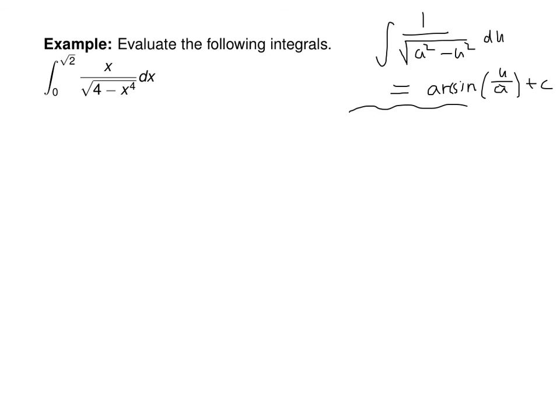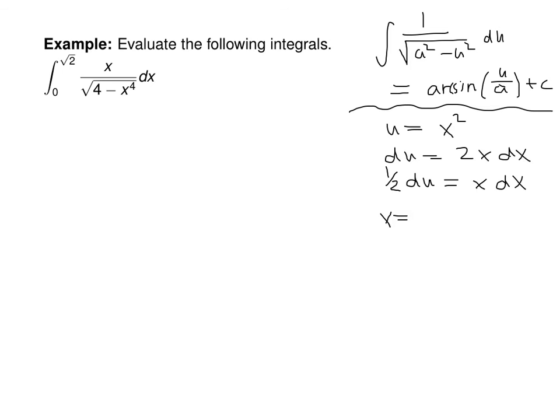So in this case, if we let u equal just x squared, du is equal to 2x dx. So 1/2 du equals x dx. So we replace the x dx in the numerator. And we change our bounds. If x is 0, u is 0. And if x is root 2, u will equal 2.